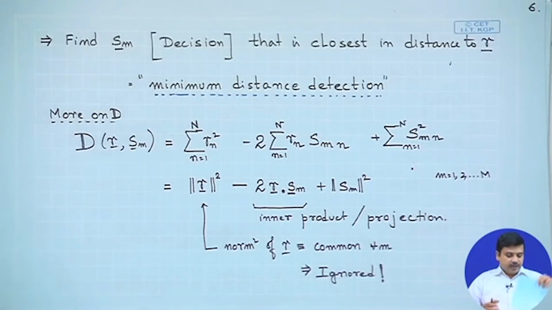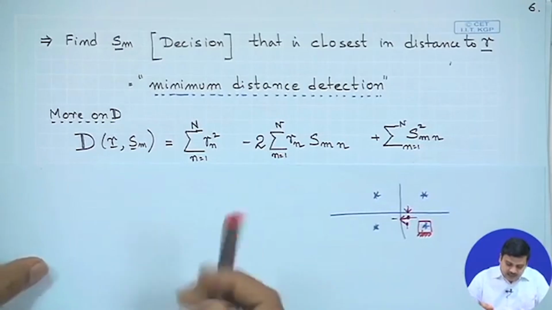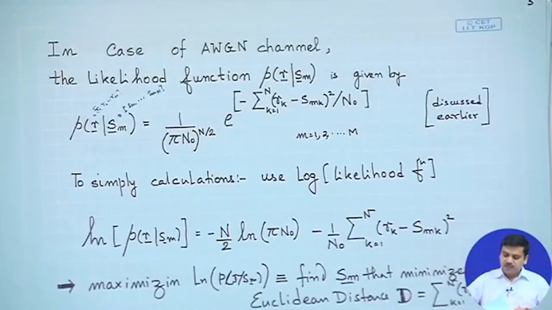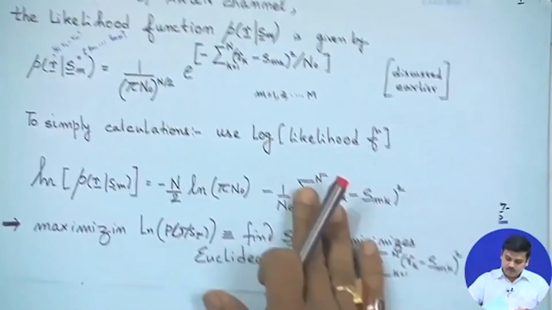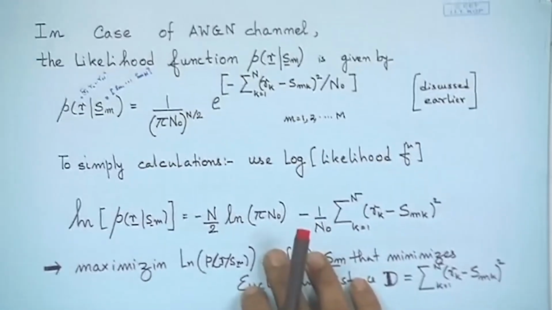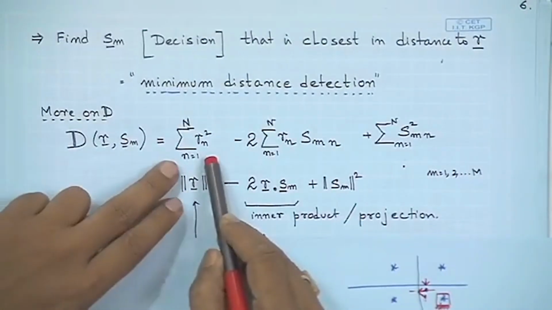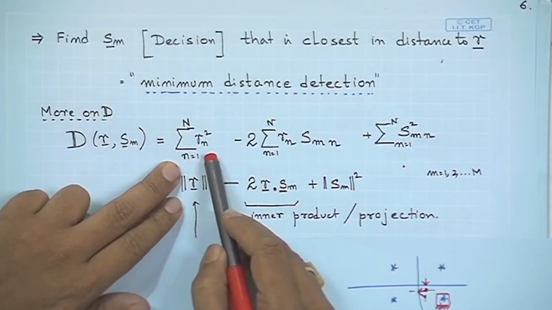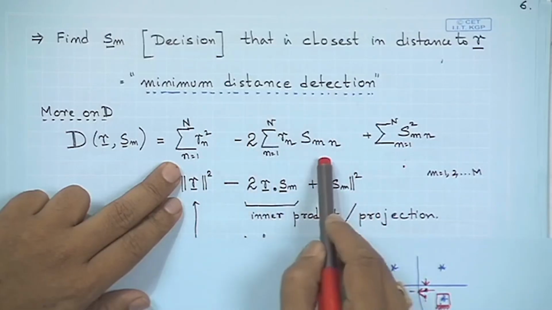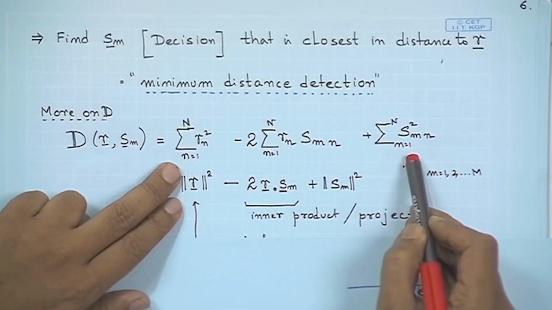Further moving ahead, what we could also see is that this d that we have discussed here, if we expand this d expression, that is the distance, it turns out to be the length of the vector r minus the inner product, plus the length of the vector Sm.